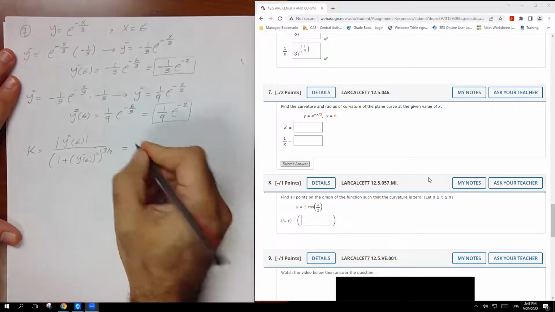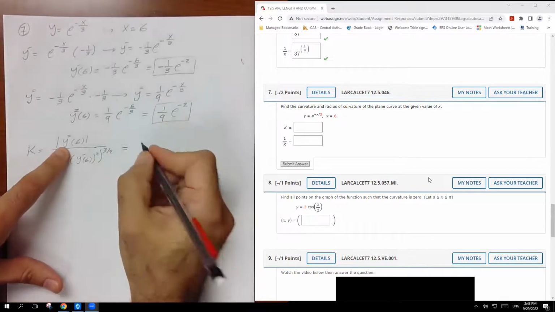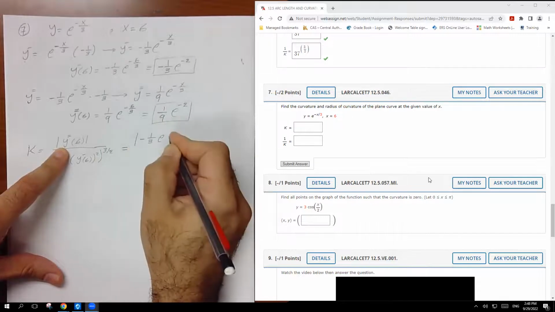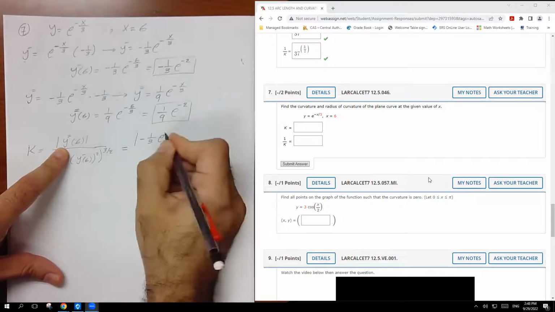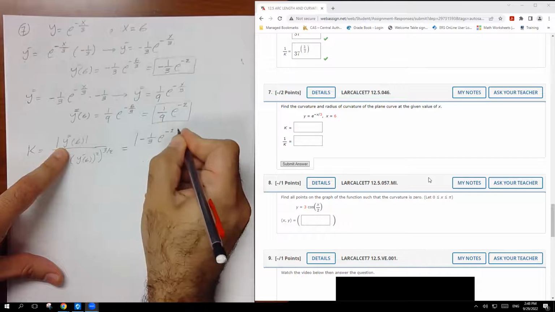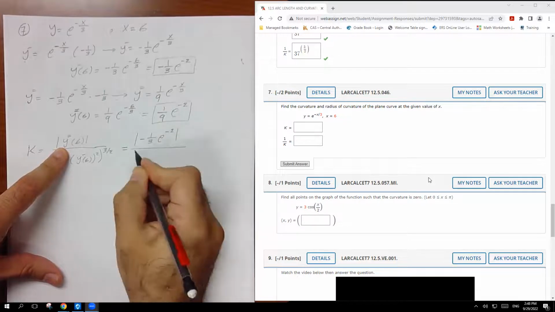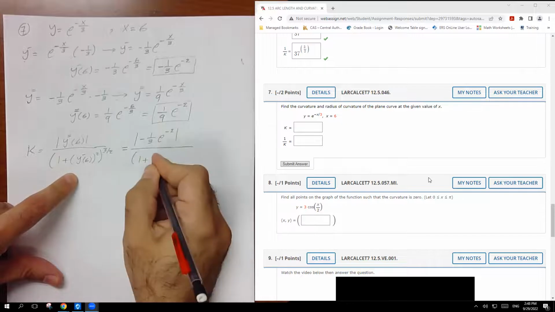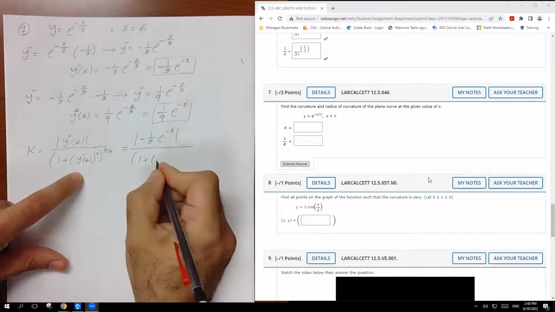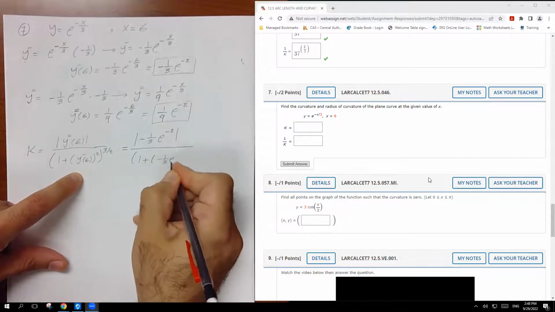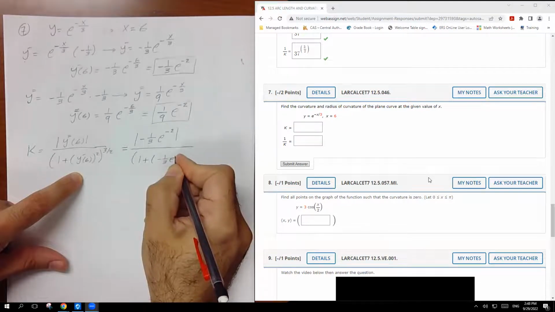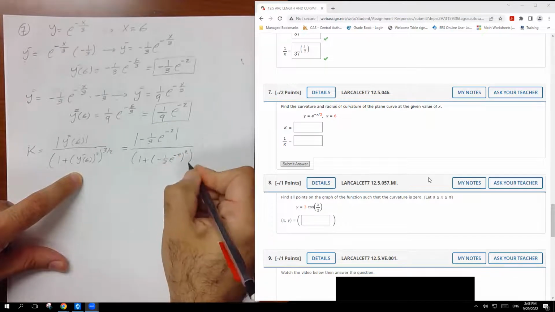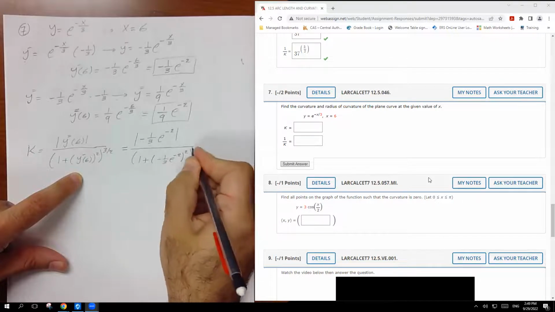So it's going to be the absolute value of y double prime at 6, 1/9 e to the negative 2, over 1 plus y prime, which is negative 1/3 e to the negative 2, squared, and everything to the 3 over 2.